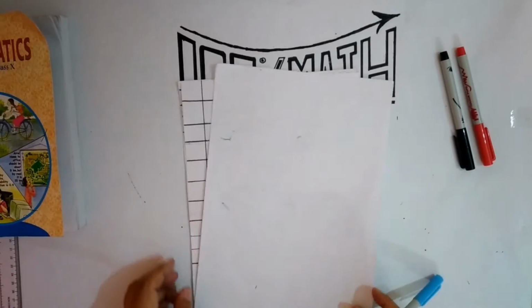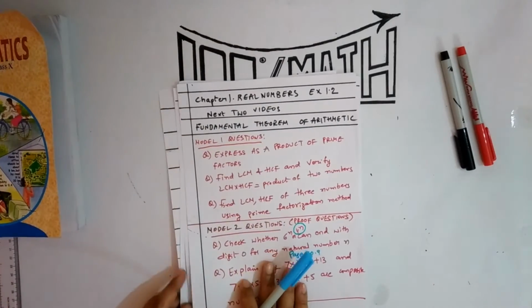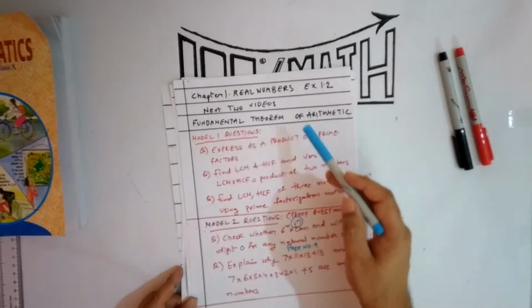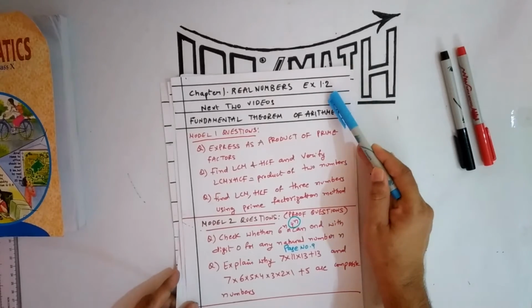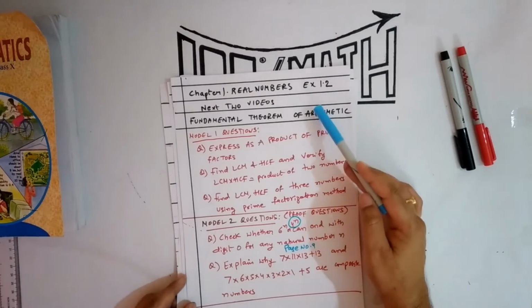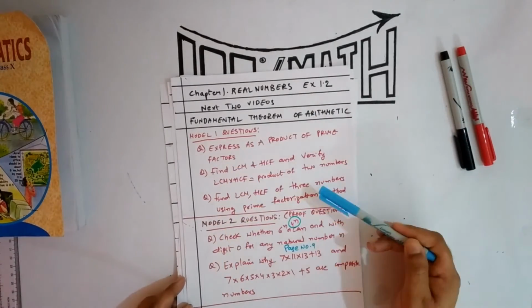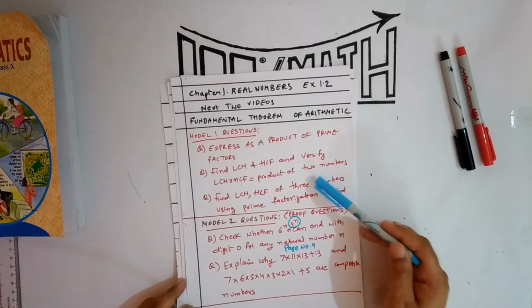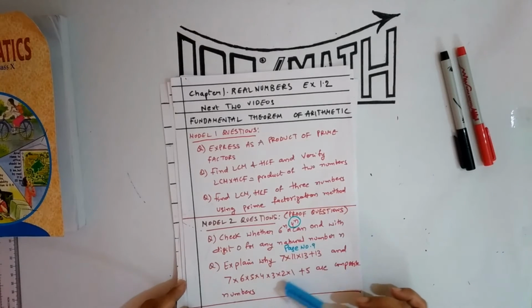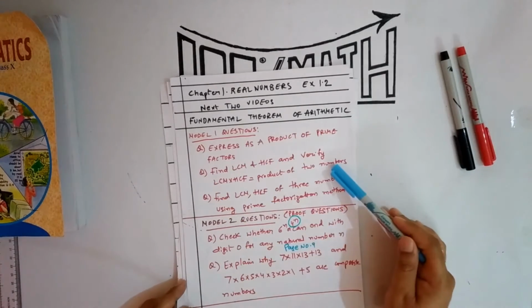Without any further ado, let's go into the topics that we are going to cover in this video. In this video, we will cover the numericals from exercise 1.2, chapter 1, real numbers. In the previous video, we covered the first category of questions, LCM and HCF of two numbers, and the second model types of questions, proof questions.